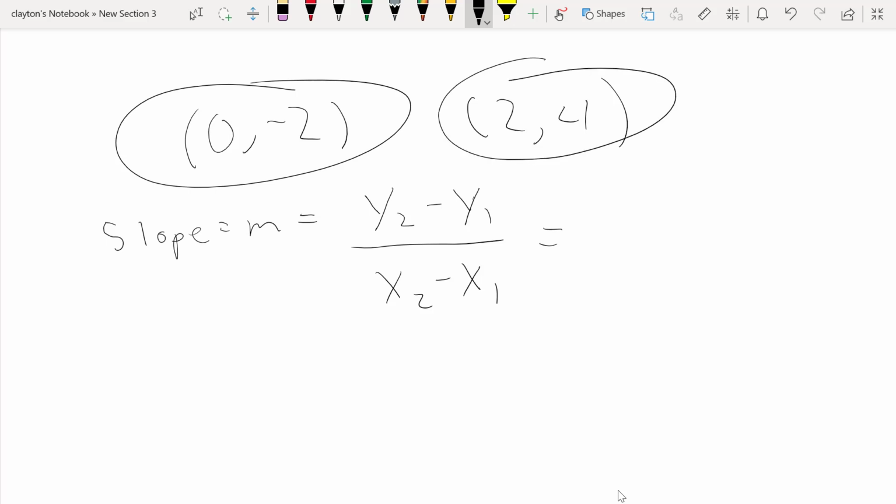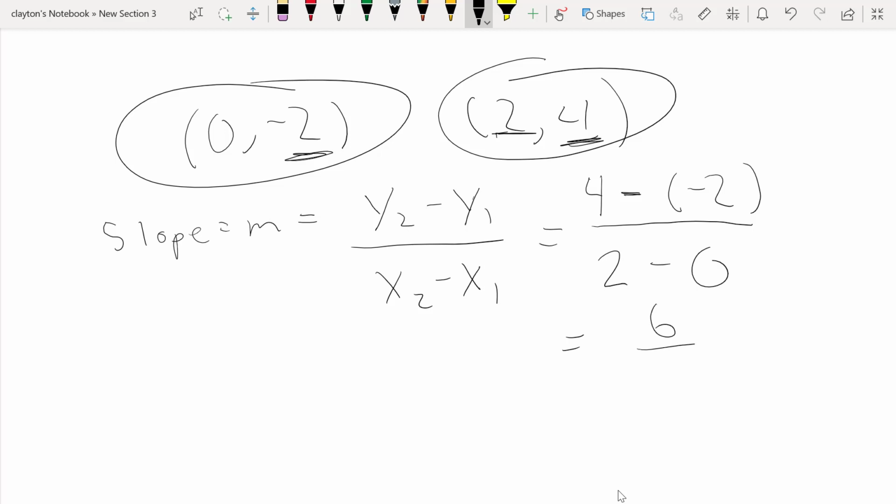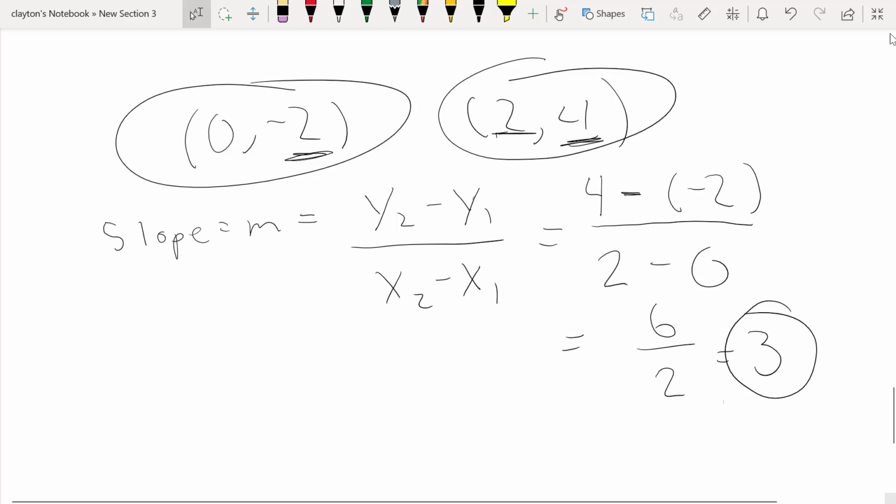I'm going to say this is my y2 over here, which is 4, minus my y1, negative 2. I called this one y2, so this one has to be x2. So then I do 2 minus 0. Or in other words, 4 minus a negative 2, over 2 minus 0. My slope I get is a positive 3.